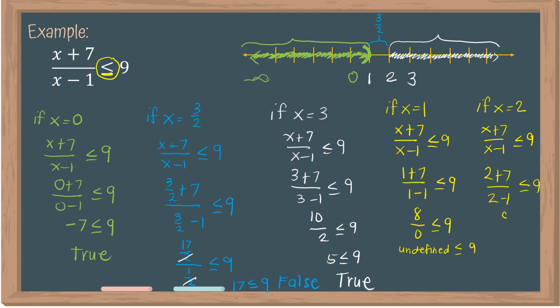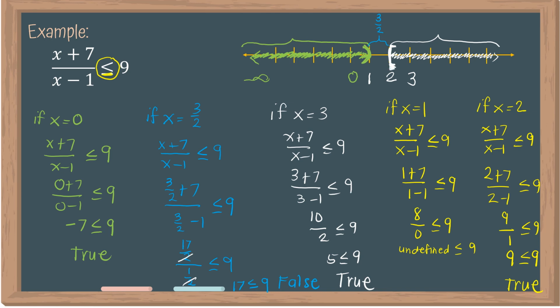So, 2 + 7 is 9 over 2 - 1, that is 1, ≤ 9. Is 9 less than or equal to 9? Of course, that is true. So, dahil true siya, ibig sabihin, yung ating value na positive 2, which is also our critical value, is included as the solution set to our inequality.